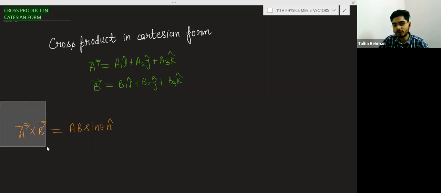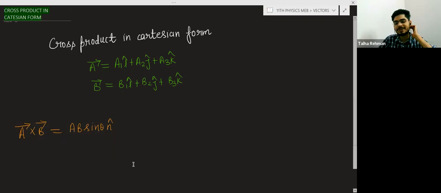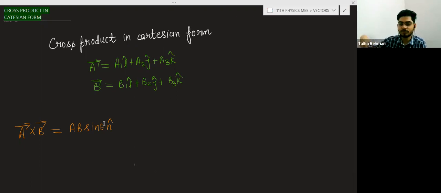From this formula I can also calculate A cross B, but it becomes very lengthy. You calculate the magnitude of A and the magnitude of B. Then first you calculate cos theta. You cannot directly calculate sin theta, because you have to do A dot B. From the dot product you calculate cos theta, and sin theta is equal to under root of 1 minus cos square theta.